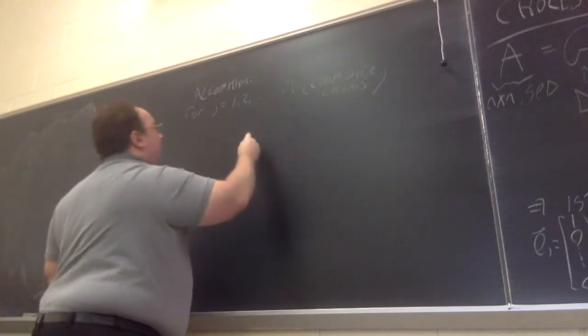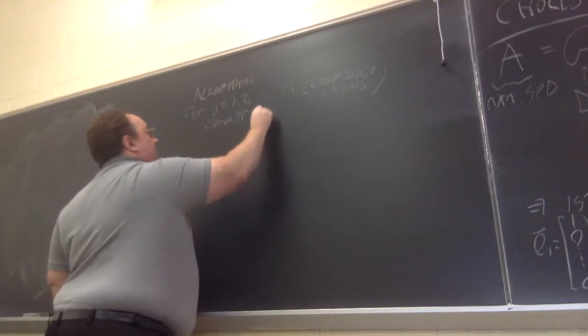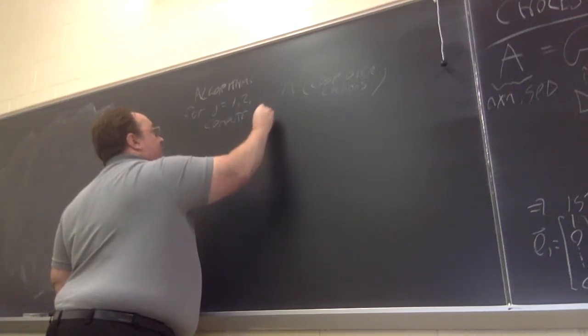So inside this loop, the goal is to compute Gj.